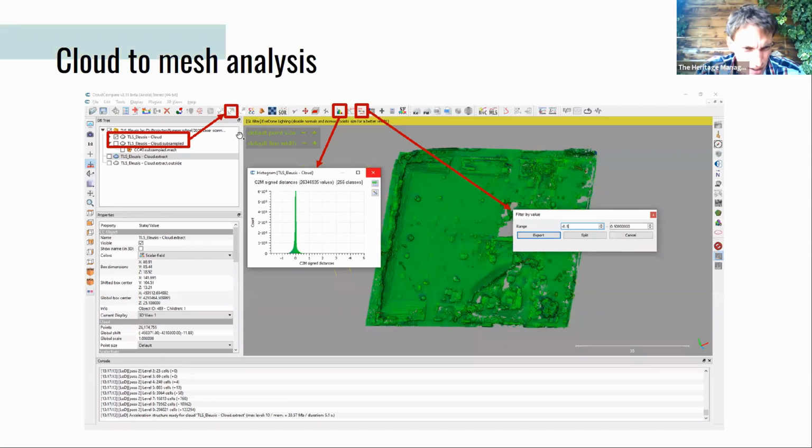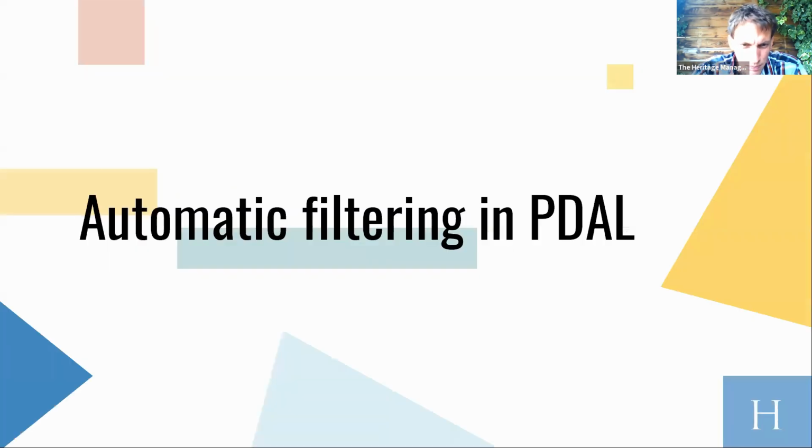So here again, you calculate your mesh, you calculate your distances on that mesh. Using the histogram and the statistics of your histogram, you can filter by value and extract certain portions on that value.